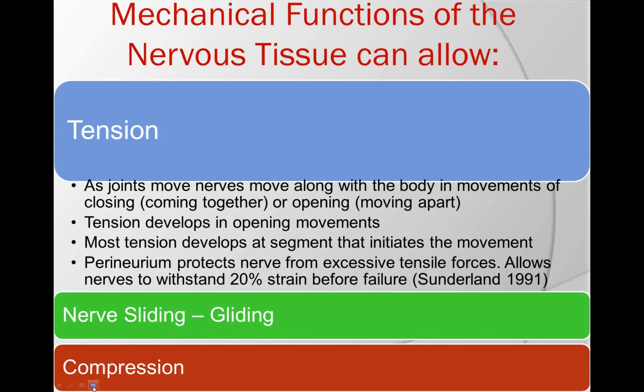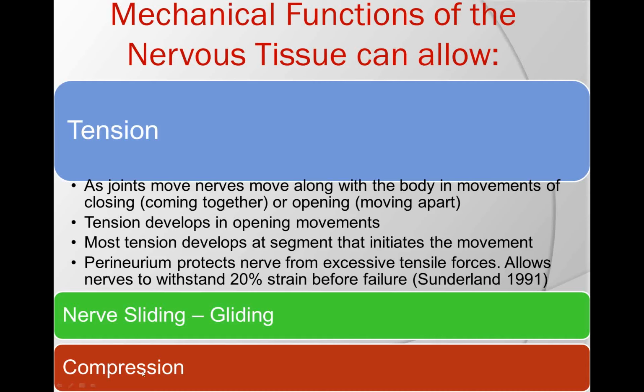The perineurium will protect the nerve from those tensile forces, which can go up to 20% of strain before we see an actual failure of the neural tissue.